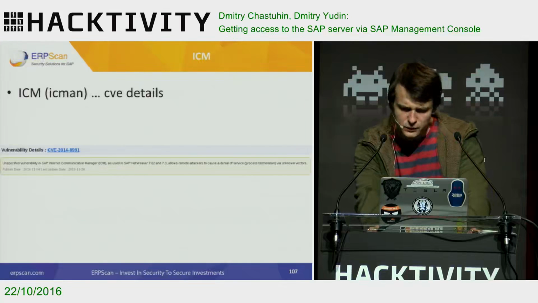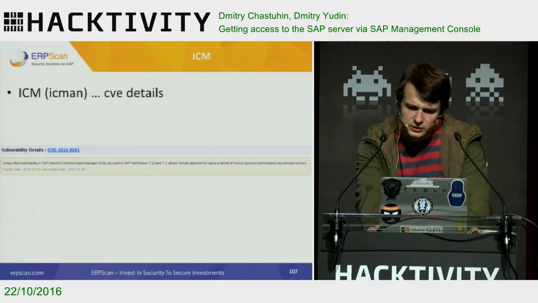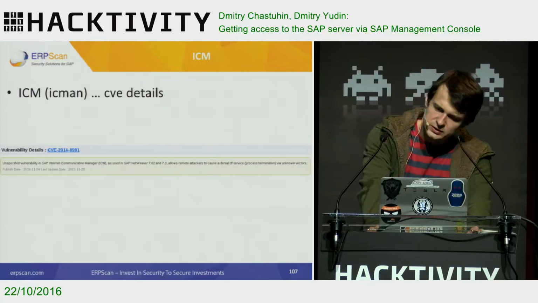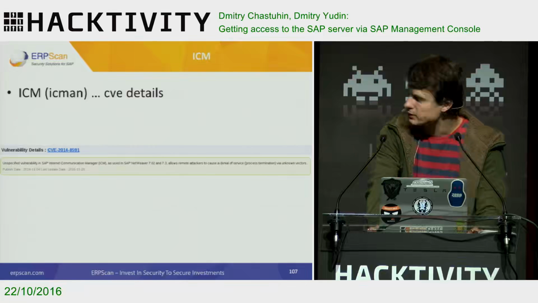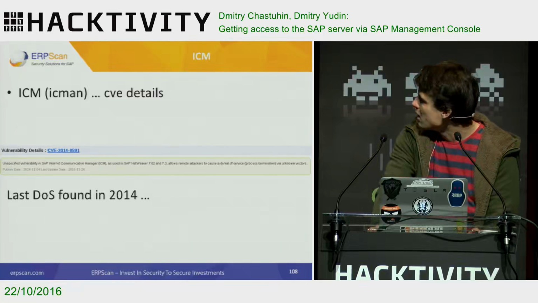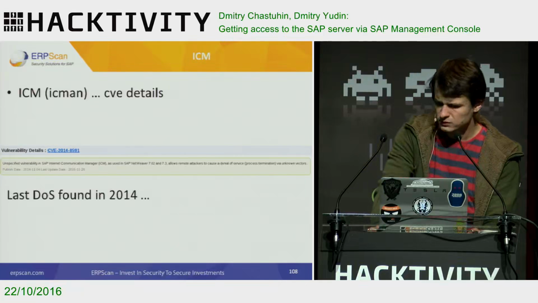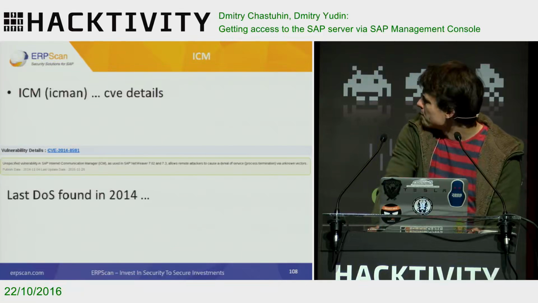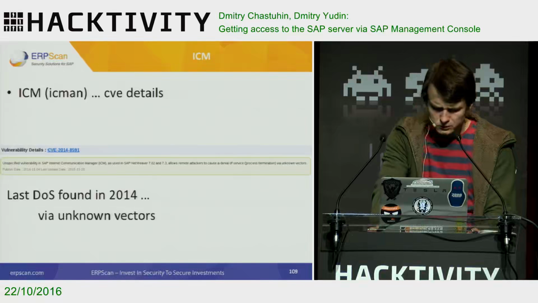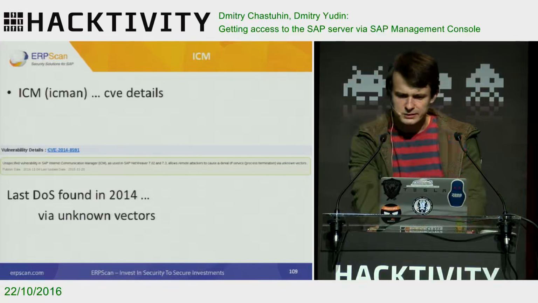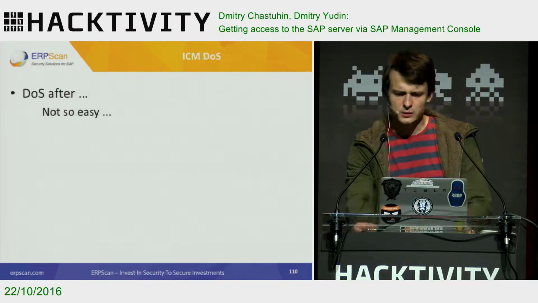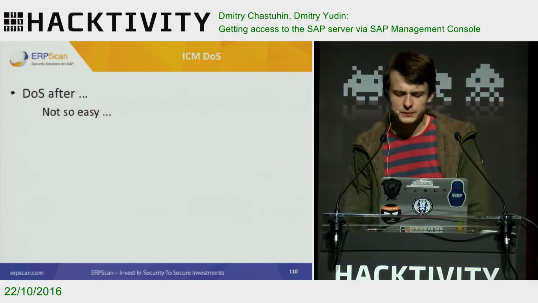First of all, we tried to find some information about vulnerabilities in ICM from public sources. The last DOS bug was found about 2 years ago, with no vectors and without any details. Looks like it would not be as easy as we thought.